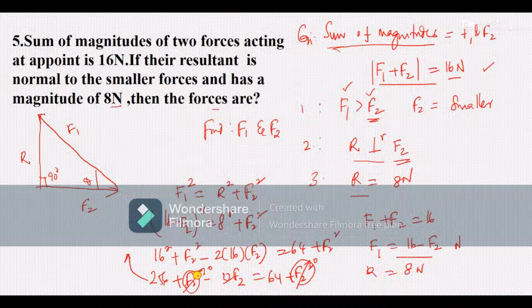Simplifying this, we have F2 square on both sides, which cancel each other. The leftovers are 256 minus 32 F2 equals 64. From this equation, we simplify and finally get F2 equal to 6.